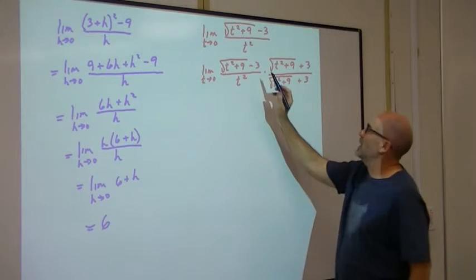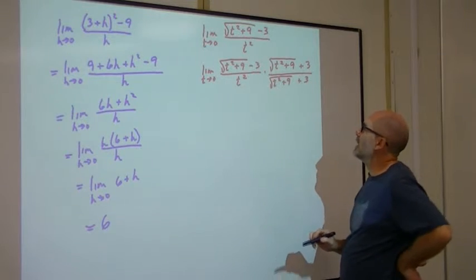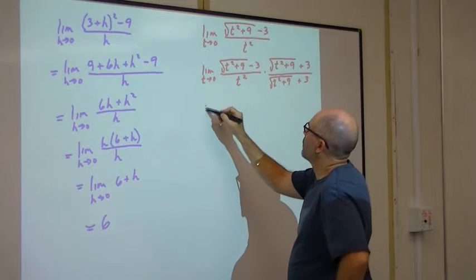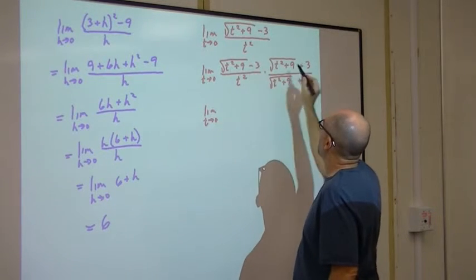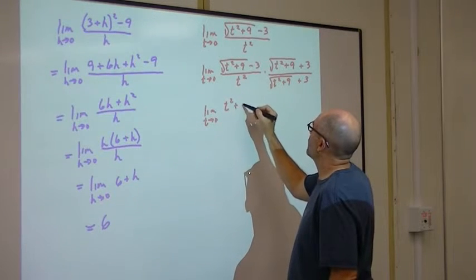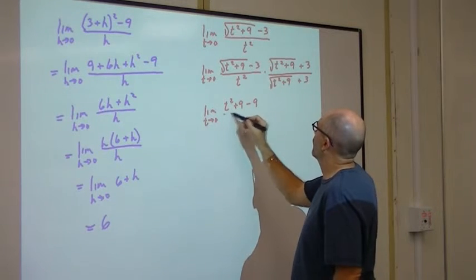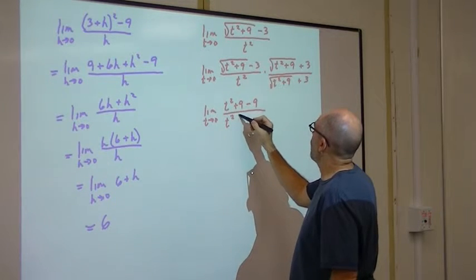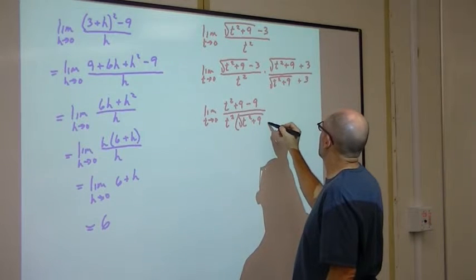So notice the conjugate: radical minus 3, the conjugate is radical plus 3. Okay, now when I do the a minus b times a plus b, I end up with the limit as t approaches 0 of a squared minus b squared. So a squared ends up being t squared plus 9, and b squared ends up being 9, over t squared times the quantity square root of t squared plus 9 plus 3.